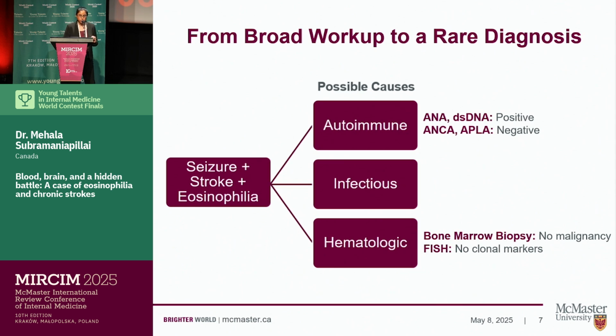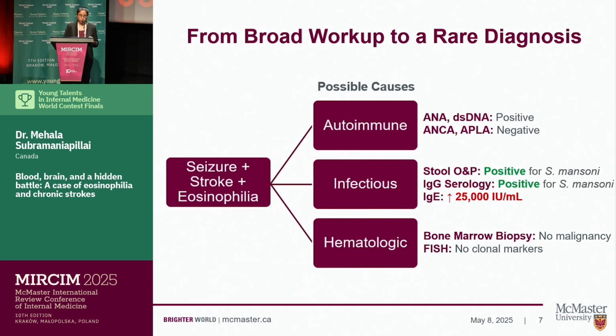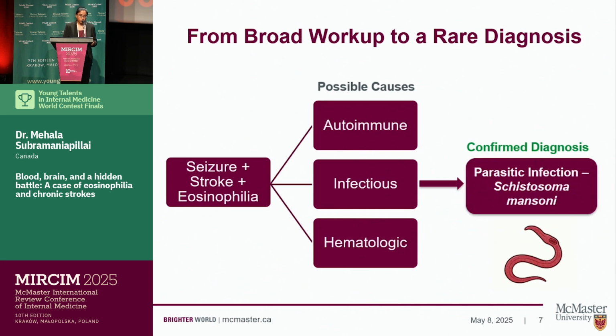But what about an infectious workup? Well, stool microscopy revealed schistosoma ova, positive serology, as well as a strikingly elevated IgE level. So John had been silently carrying around a chronic Schistosoma mansoni infection.